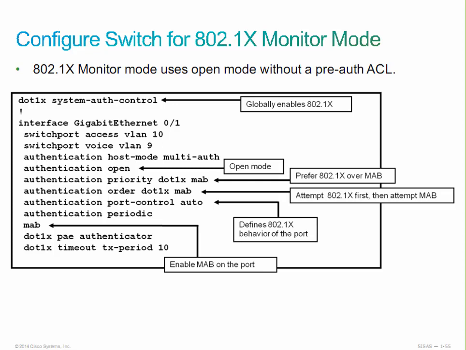So there are essentially two commands that apply to FlexAuth, which we see here, right? The order and the priority. The order sets the order of authentication method that's going to be used on the port, and the priority sets the priority of the authentication methods used on the port.